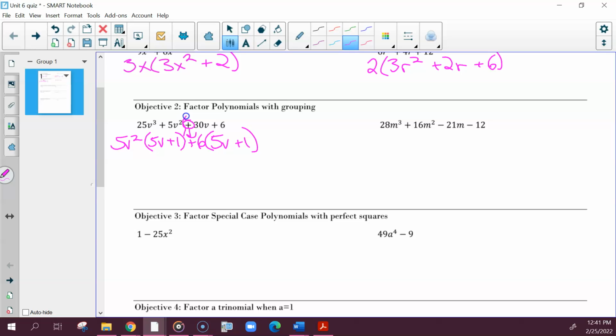What would those factors be? 5b squared plus 6, and another parentheses, 5b plus 1. So 5b squared plus 6 times 5b plus 1.